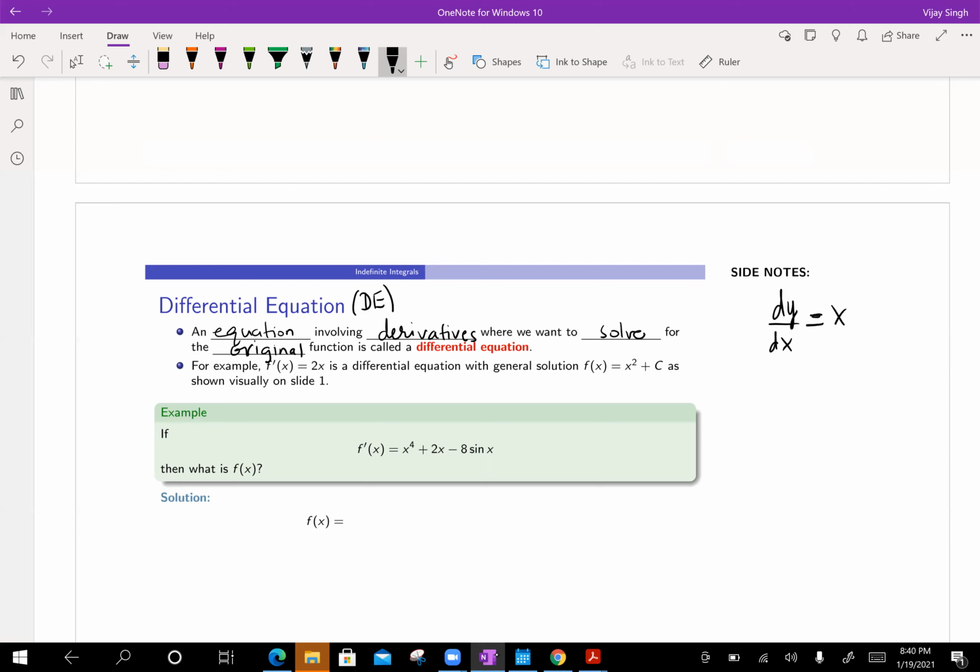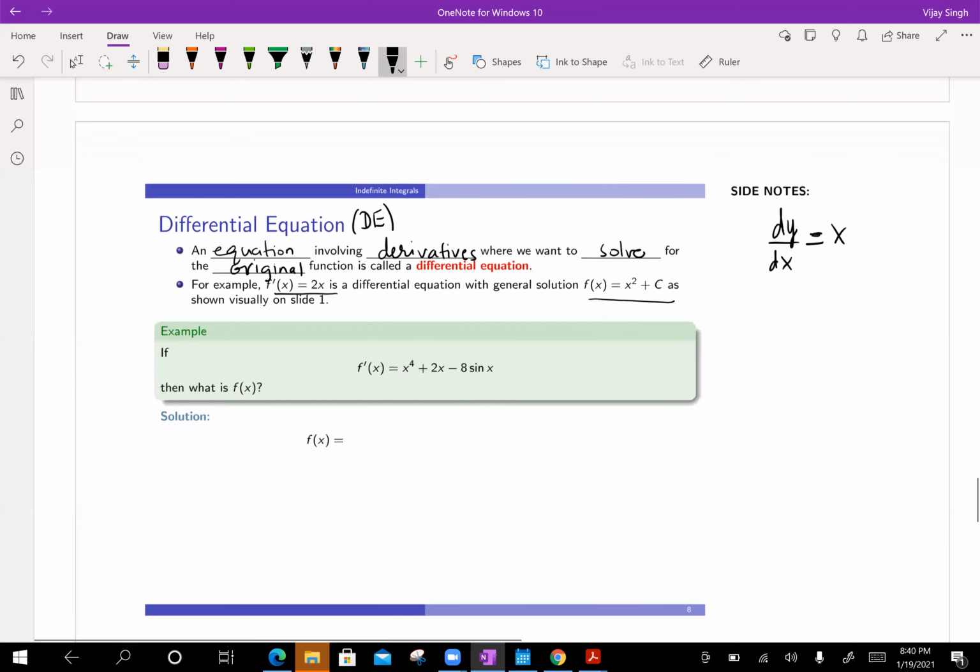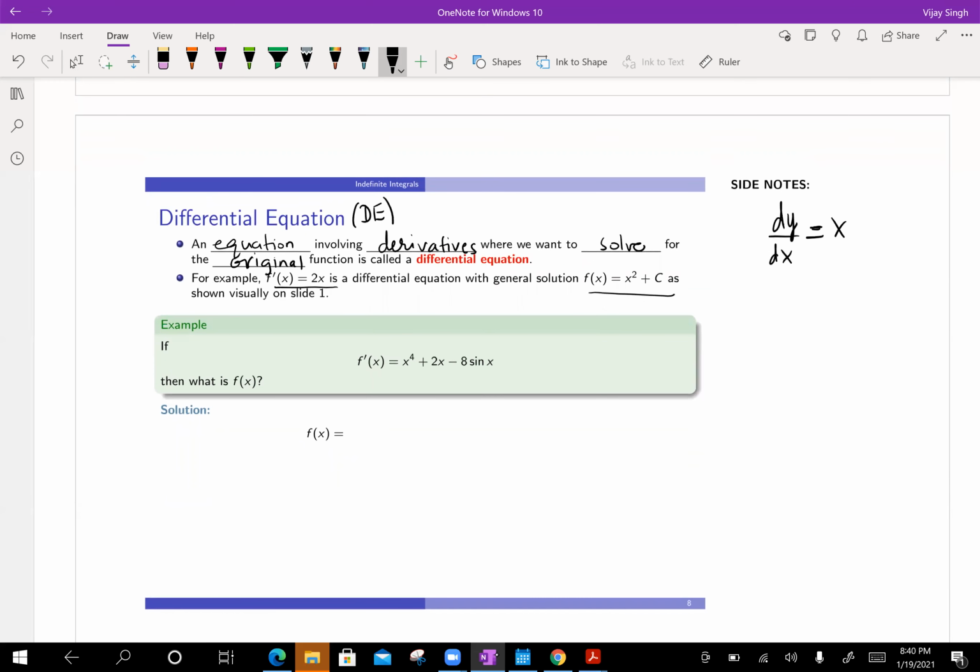Another example, f prime x equals 2x is a differential equation with the general solution f of x equals x squared plus c, as we have seen in the previous slide. Now let's look at the following. If f prime x is x to the 4 plus 2x minus 8 sine x, find f of x. So you're given the derivative, so we want to undo the derivative.